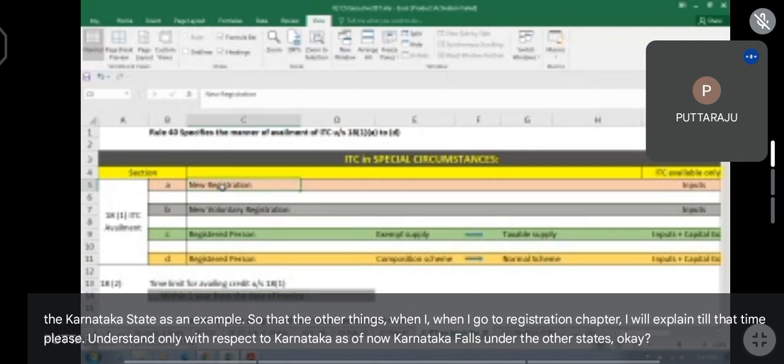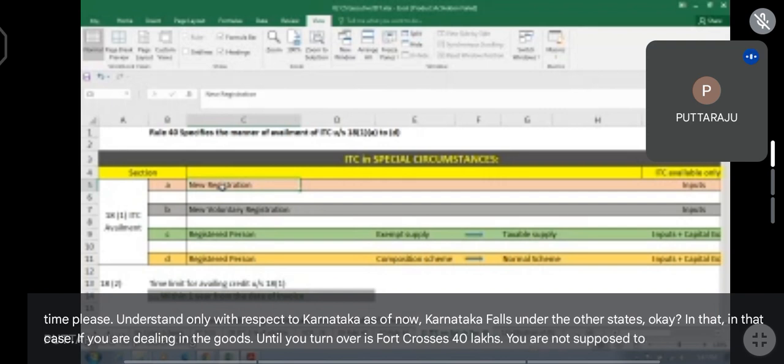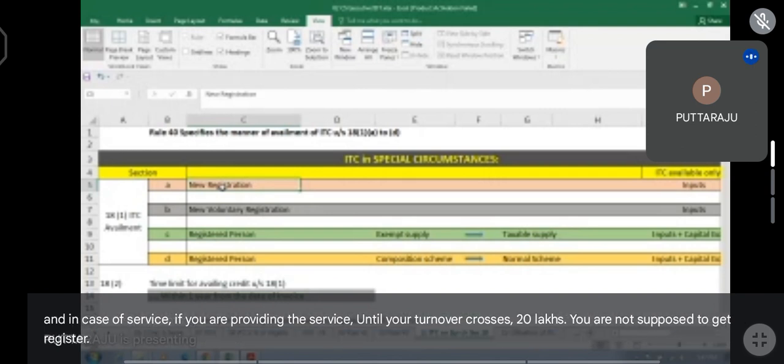In that case, if you are dealing in goods, until your turnover crosses 40 lakhs, you are not supposed to take registration. And in case of service, until your turnover crosses 20 lakhs, you are not supposed to get registered. That is the provision.